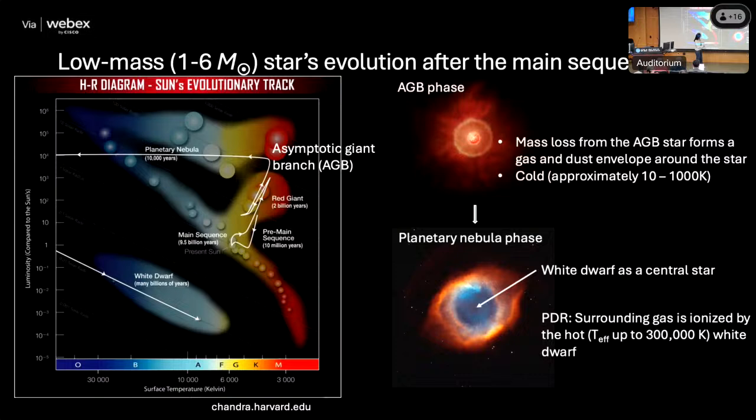There's an envelope sometimes formed by AGB stars in the surrounding, and the central star, a white dwarf, emits a lot of UV radiation. So a planetary nebula is considered to be a typical PDR, photodissociation region, surrounding the white dwarf, which has an effective temperature of up to 300,000 Kelvin.